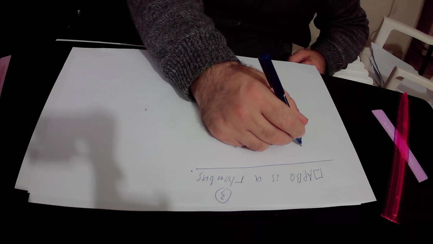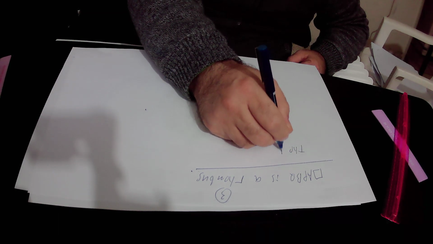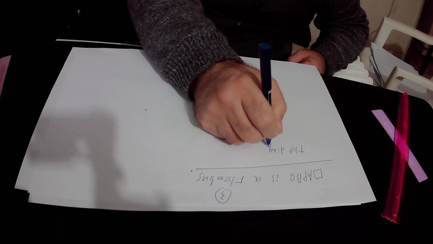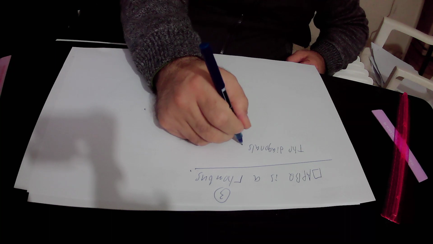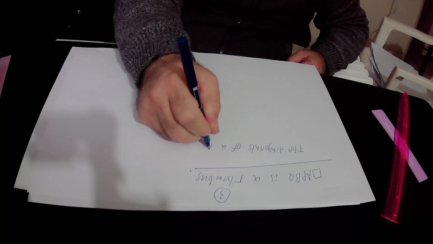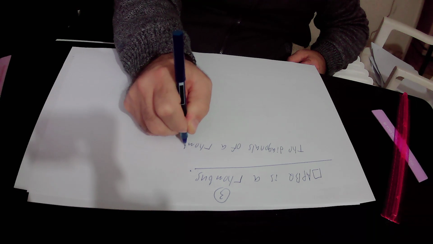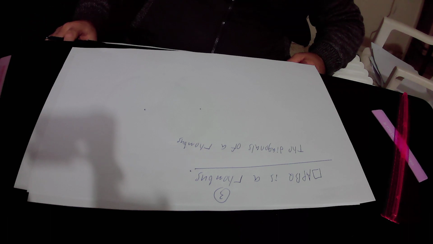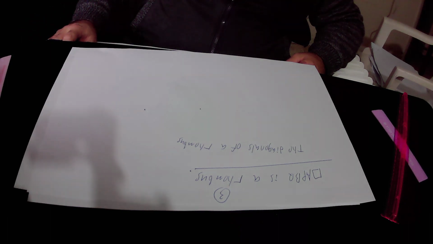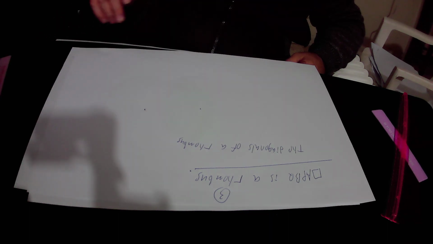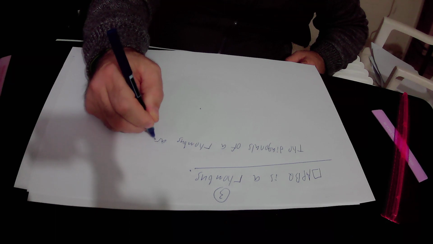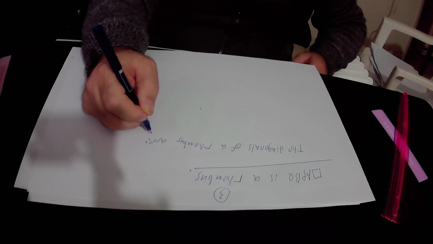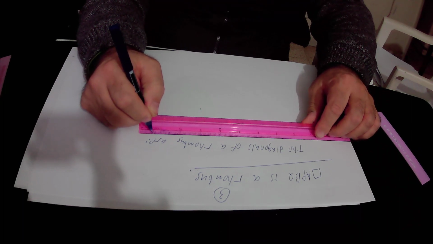The diagonals of a rhombus have two characteristics that are relevant to this question.